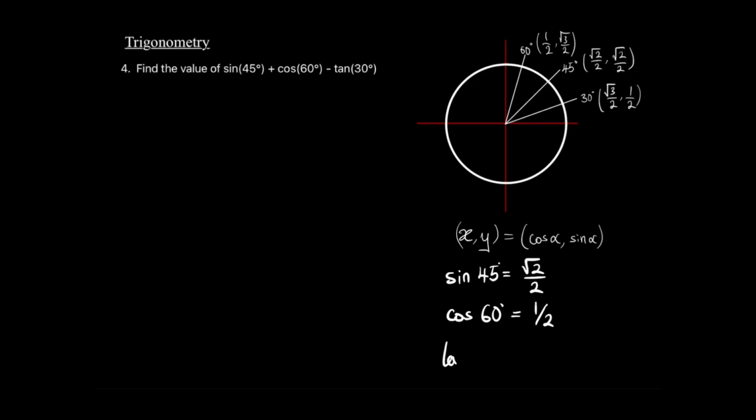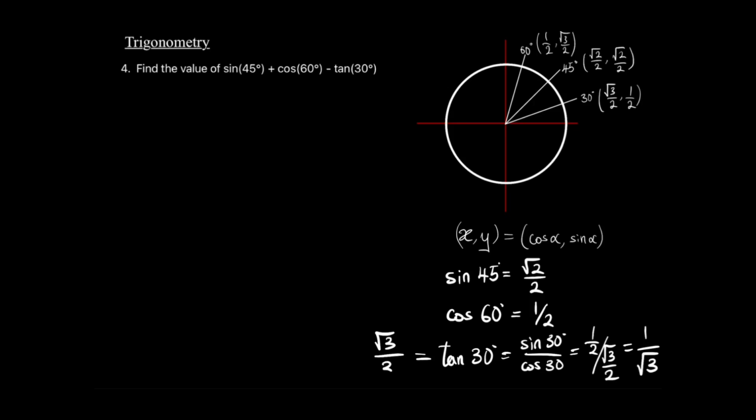And tan 30 degrees, remember tan is the same as sine 30 over cosine 30, which is 1 over 2 divided by square root of 3 over 2, which is just 1 over square root of 3. And if we rationalize, we can say tan 30 is equal to square root of 3 divided by 3.